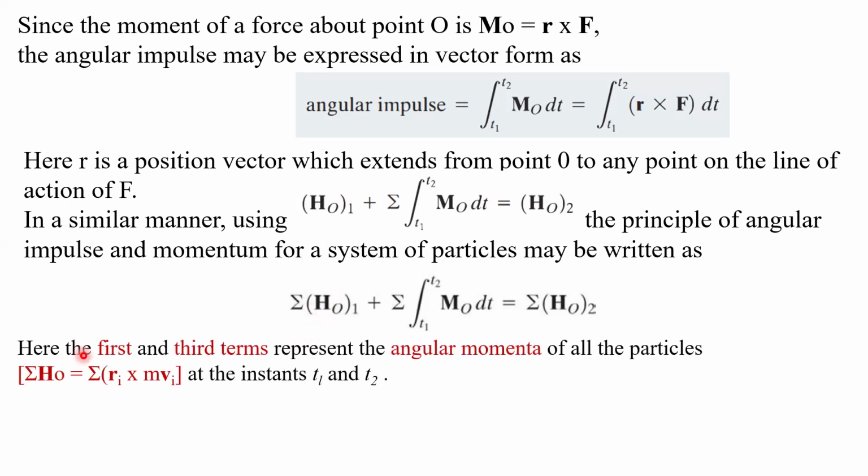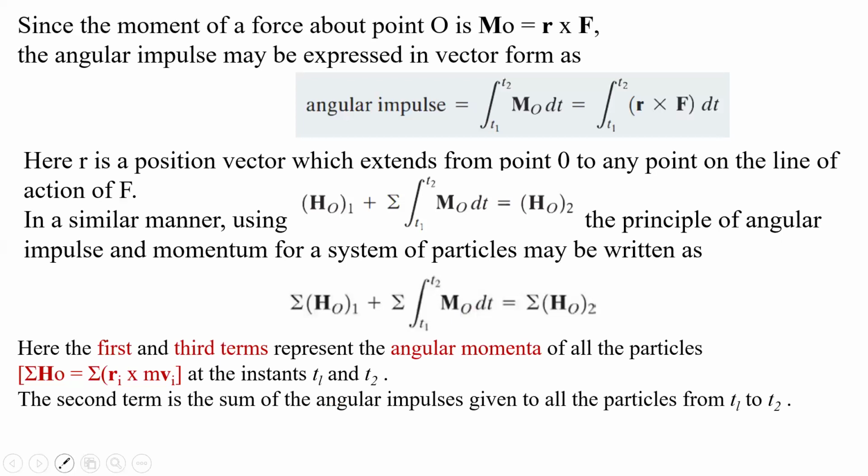Here, the first and the third terms represent the angular momenta of all the particles: summation H_O is equal to summation r_i cross m v_i at the instants of time t1 and t2.